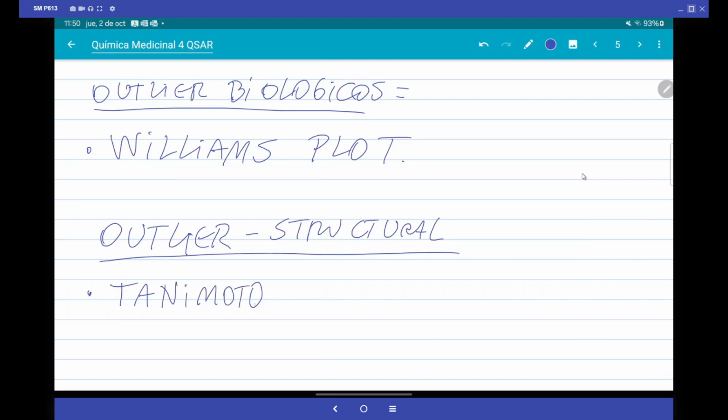We can detect whether the compounds are so far away in biological activity, and whether they are so far away in structural similarity from most of the set being studied, because the question that arises is, can we make a QSAR mixing any type of molecule? Or at least they have to look like something. The answer is, there has to be a certain resemblance.